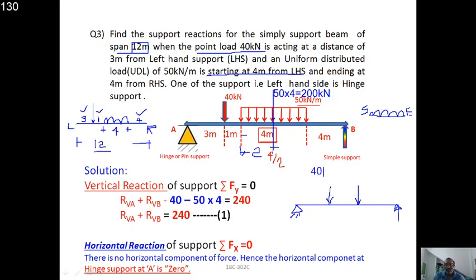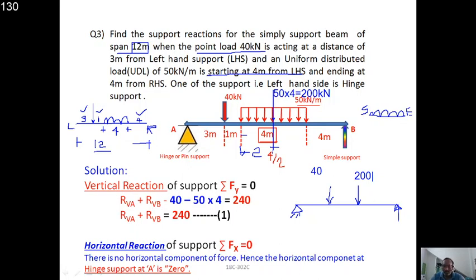This is 40 and this is 200. So the UDL has been converted into a point load, and for the remaining problem, the same procedure we discussed in question number 1 can be done here, without any ambiguity, right?